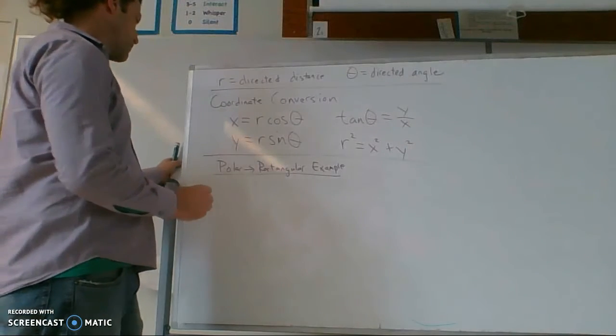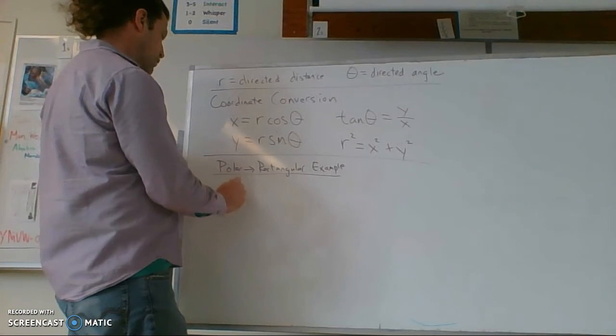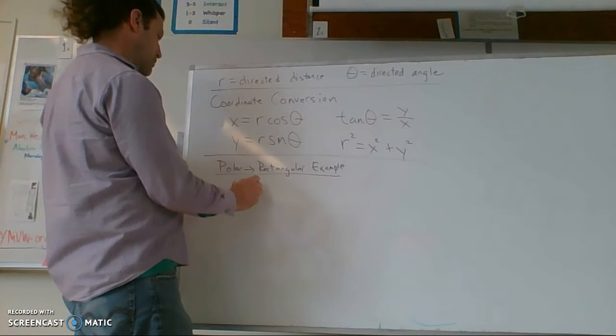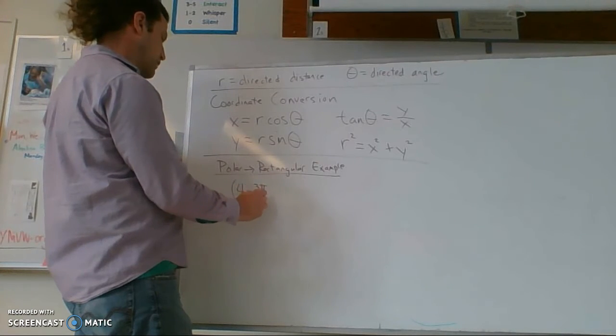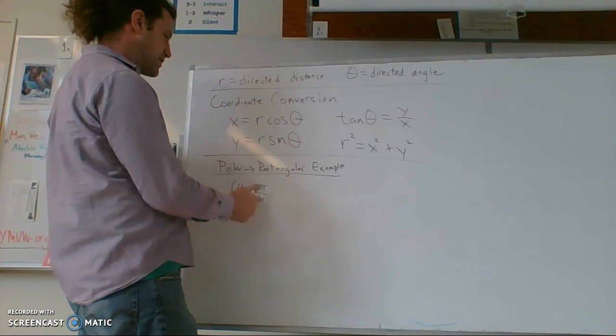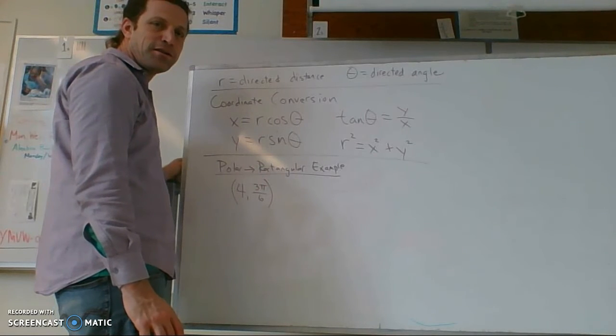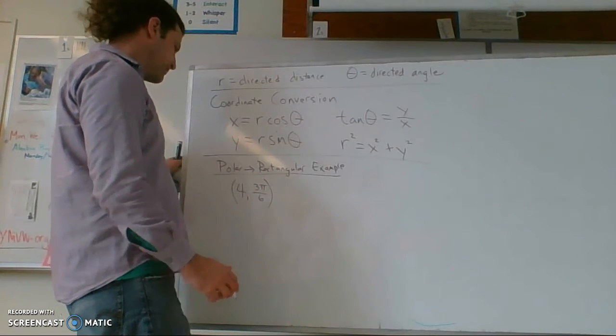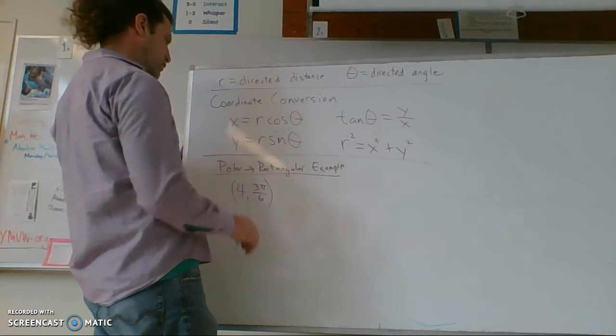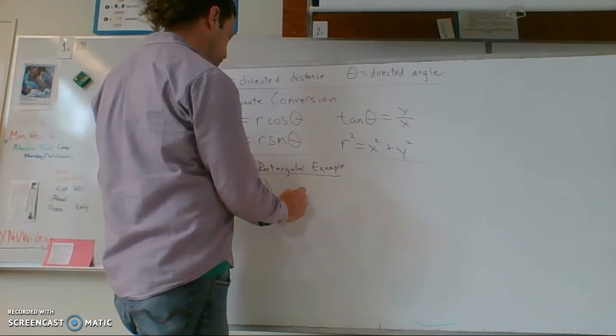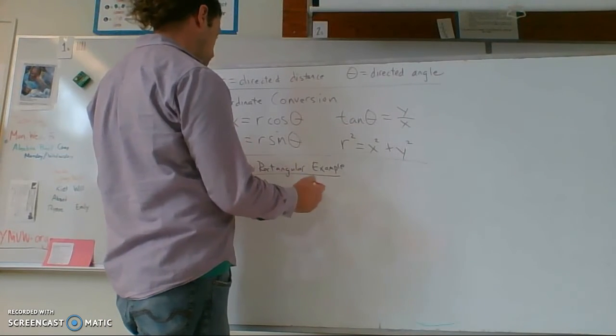We're given 4, 3 pi over 6. 3 pi over 6, that's just pi over 2. All right. And so we want to find x and y. So x equals r cos theta.